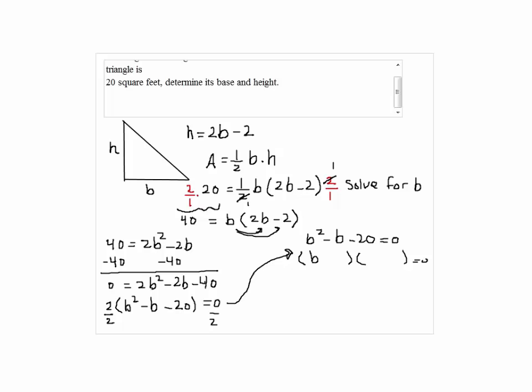That's just 2 times b squared minus b minus 20, of course equal to 0. I can divide both sides by 2 here. So I would get b squared minus b minus 20 equal to 0. Now to solve for b, I can factor this.